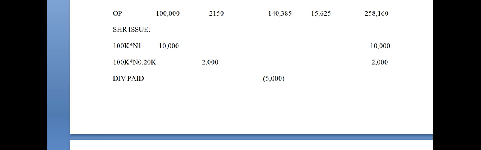Then this one is negative 5,000. Then this one is 14,654. Please help me total this as I'm writing. The revaluation reserve total is 35,625.